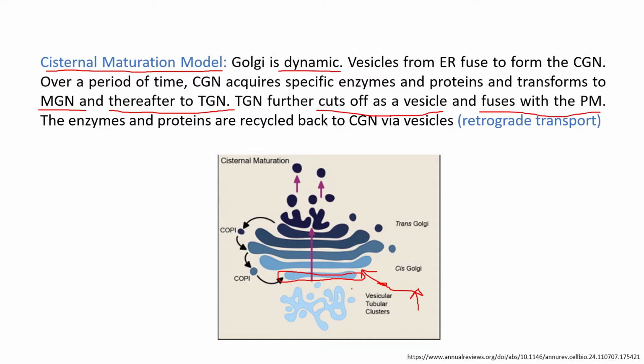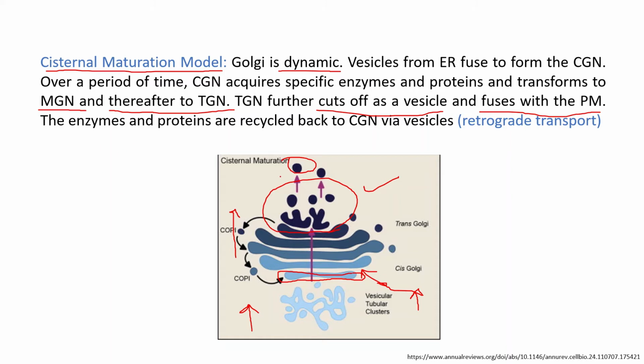Imagine, when vesicles are continuously coming from the ER, continuously the cis-Golgi network is being formed. The already existing trans-Golgi network has to go somewhere. It has to disassemble also, so that new trans-Golgi network can be formed. So this already existing trans-Golgi network cuts off as a vesicle. Can you see these vesicles in the figure? It cuts off as a vesicle and fuses with the plasma membrane.